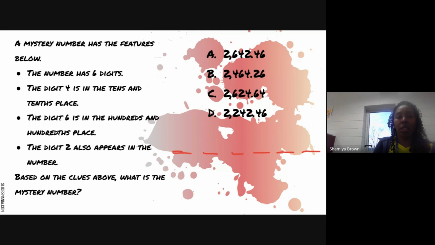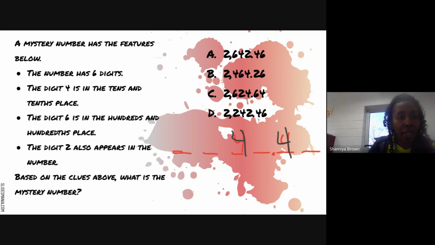There are going to be 2 places after my decimal. So my tenths place would have to be here. My decimal is going to be here. And so my tens place also has to have a 4. So that's going to be here because this is my ones place. I need to do that in a different color. So this is a 4 and this is a 4.